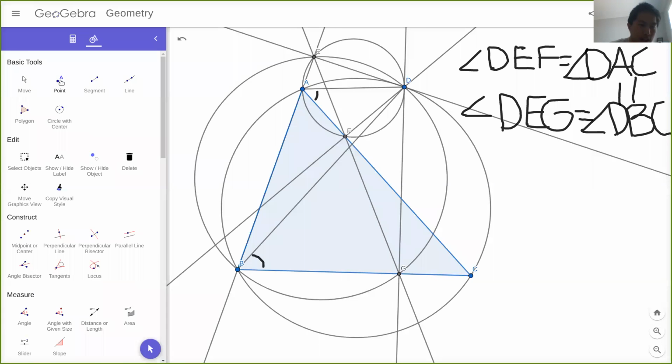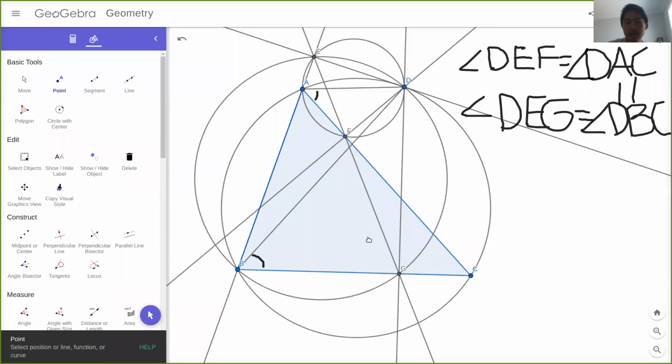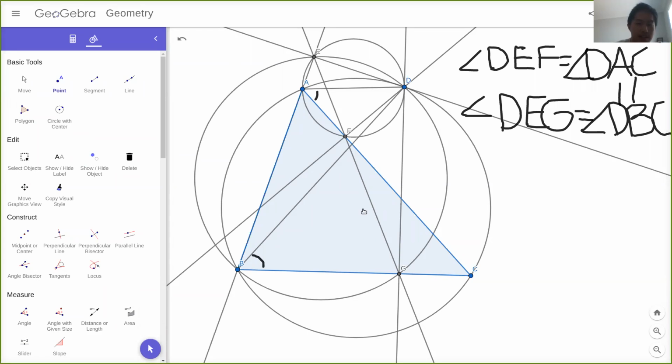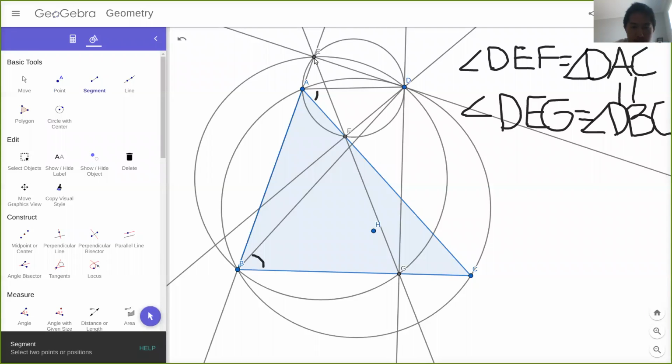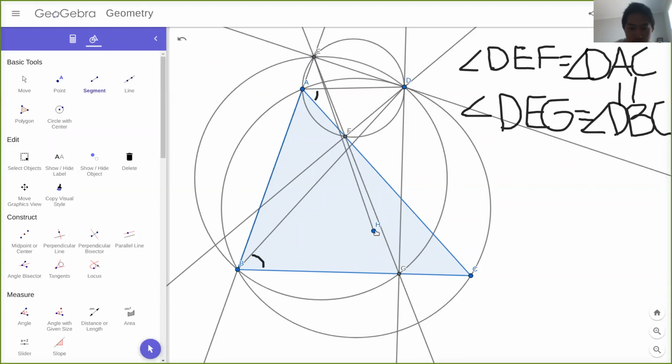Now a question might be, why does this prove that E, F, and G lie on the same line? If we had another point for G, say here, like H, then DEH, how does it relate to DEF? Well, DEH would be greater than angle DEF.